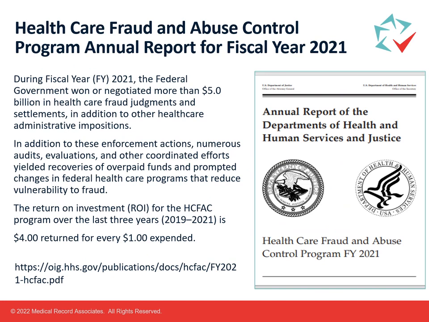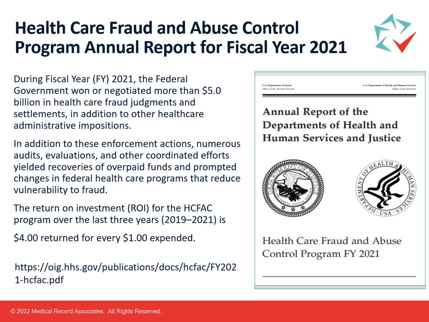There is another annual report that comes out that is really important, and this is from the Department of Justice, the DOJ. They produce a healthcare fraud and abuse control report, and for every $1 that is spent on combating fraud and abuse, $4 is returned.